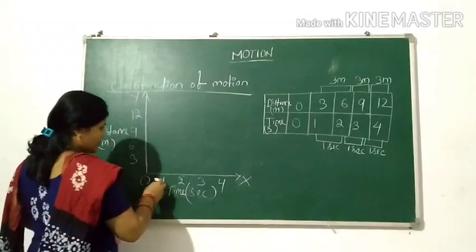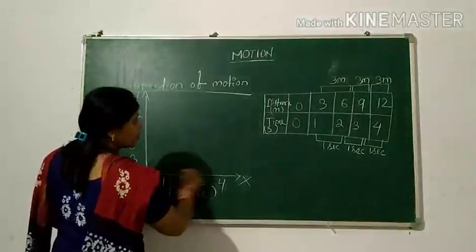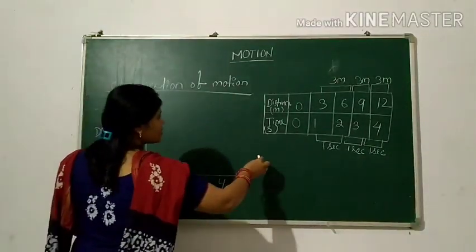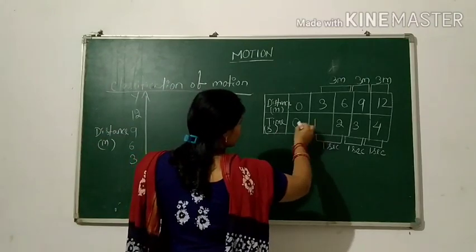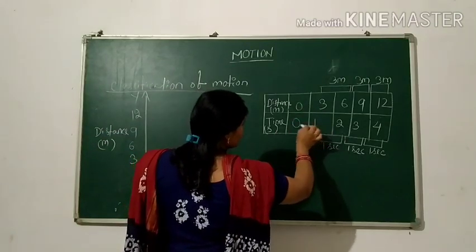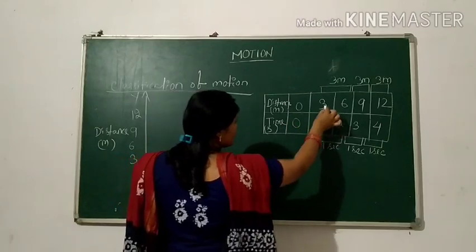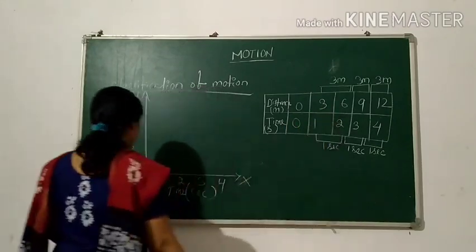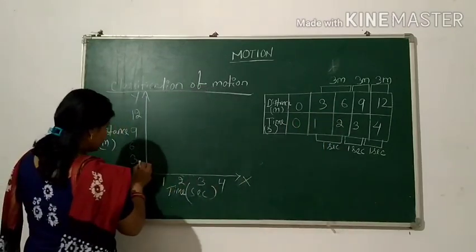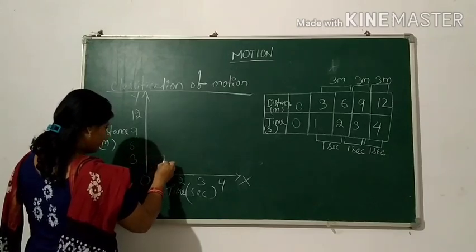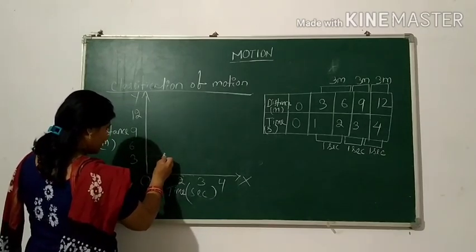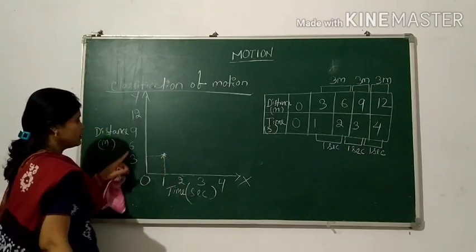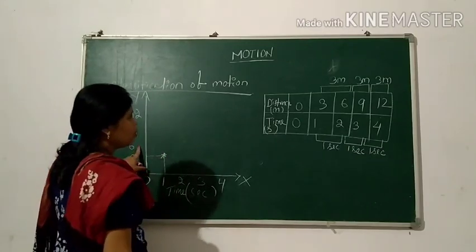So let us join all the points. The coordinates are what? 0, 0. So no need to drop 0, 0 here. You can take 1 and 3. I am putting a star mark here so that you can know.